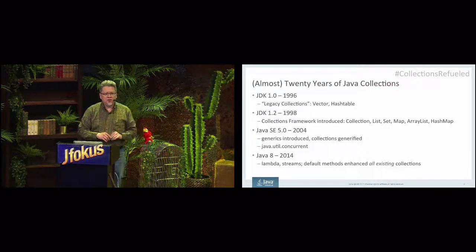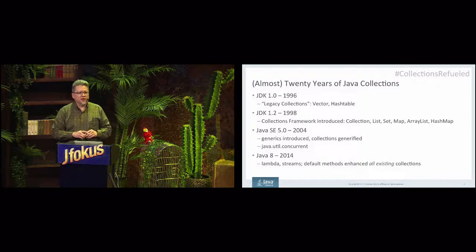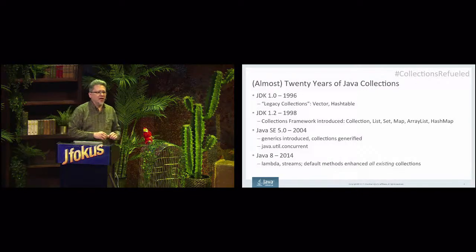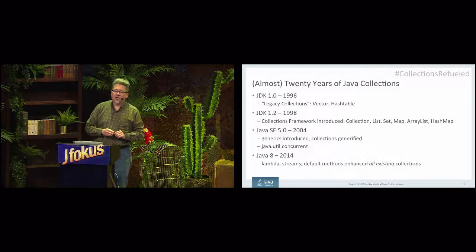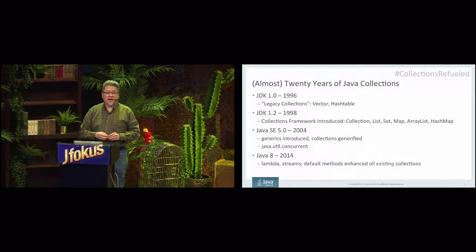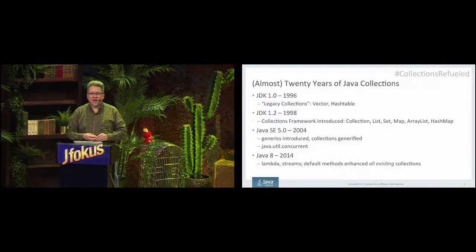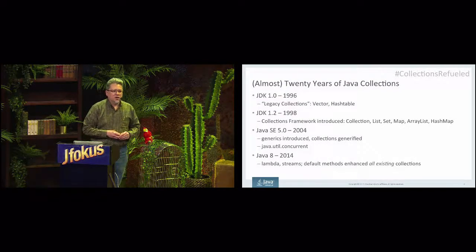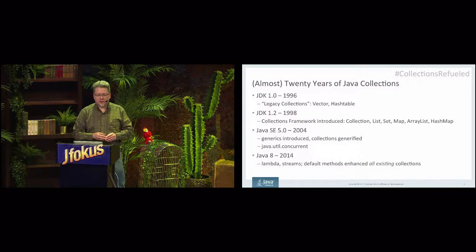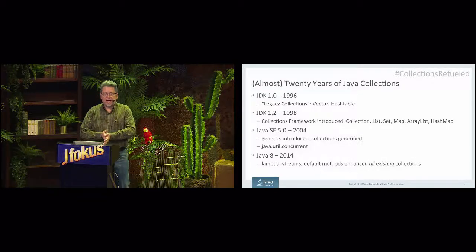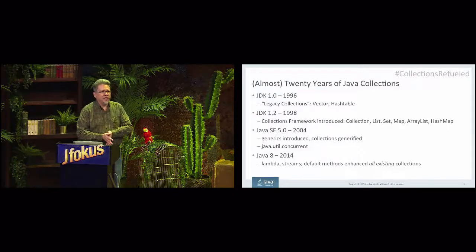And then also a new package came in, java.util.concurrent, which added, among other things, a set of collection implementations that were thread safe, or concurrent, that in fact allowed multiple threads to interact with the data structure at the same time. ConcurrentHashMap is a quite frequently used data structure that was introduced back in Java 5. I won't really be covering the concurrent collections in this talk, but just to let you know that they're there.